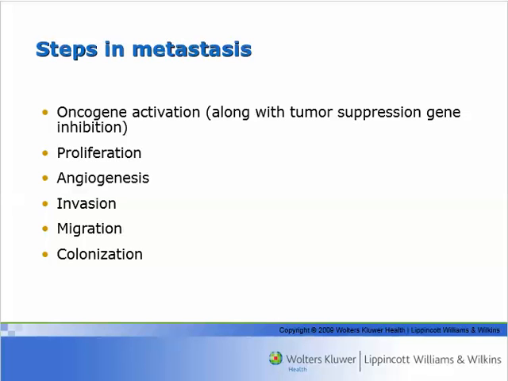So they're looking at different things right now. Is the problem an activation of the oncogene, or is the problem an inhibition of the tumor suppressor gene, or is it both? It's probably both to some extent.